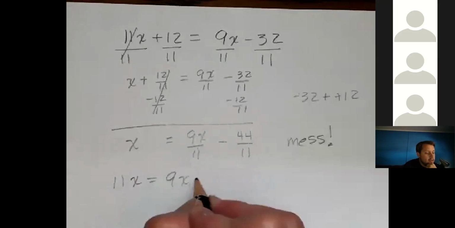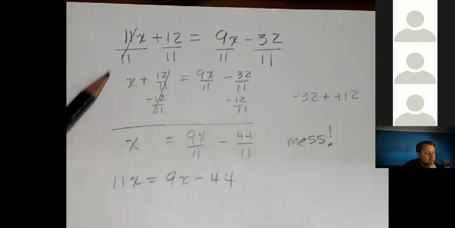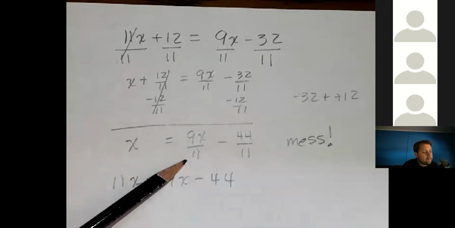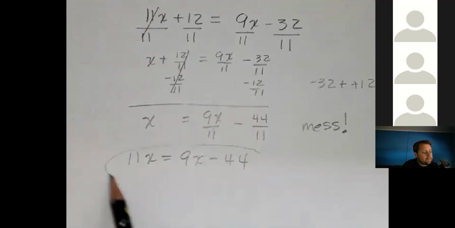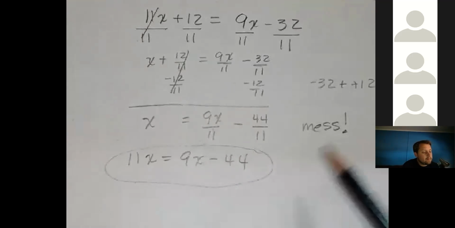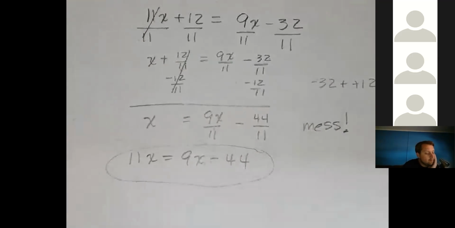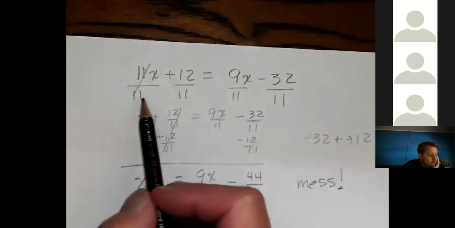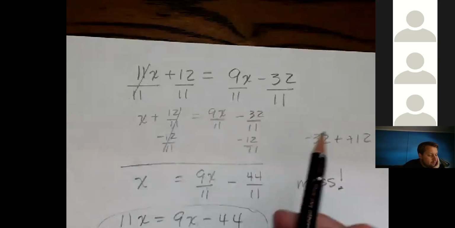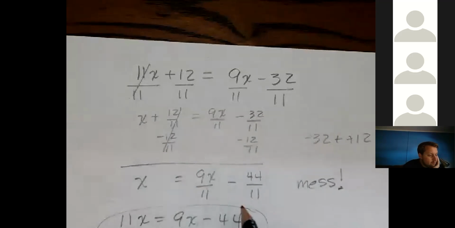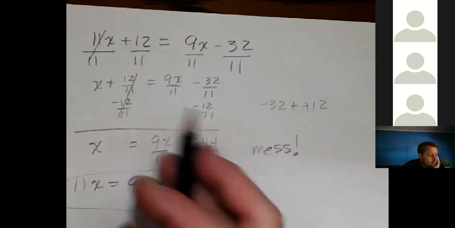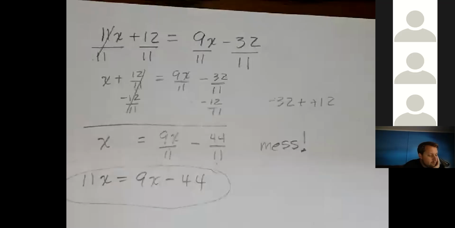But look, I divided by 11 there, and then I want to multiply it by 11 here to clean things up. This does look a lot better, doesn't it? Anyway, what works really well most of the time is when you try something like this, and if you end up with a big old mess, just start over and try something else.